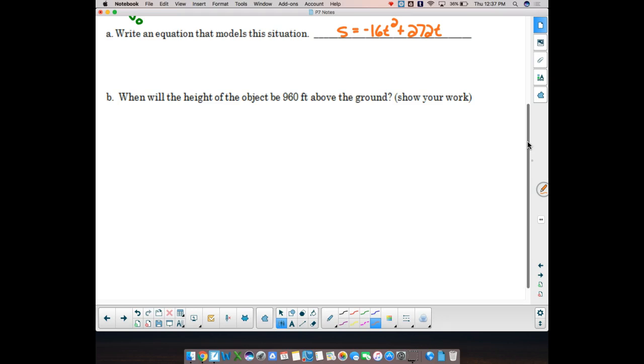Plug in 960 for S and solve for t. Make it happen. So we're going to have 960 equals negative 16t squared plus 272t. And you're going to solve that for t for me. Go for it.